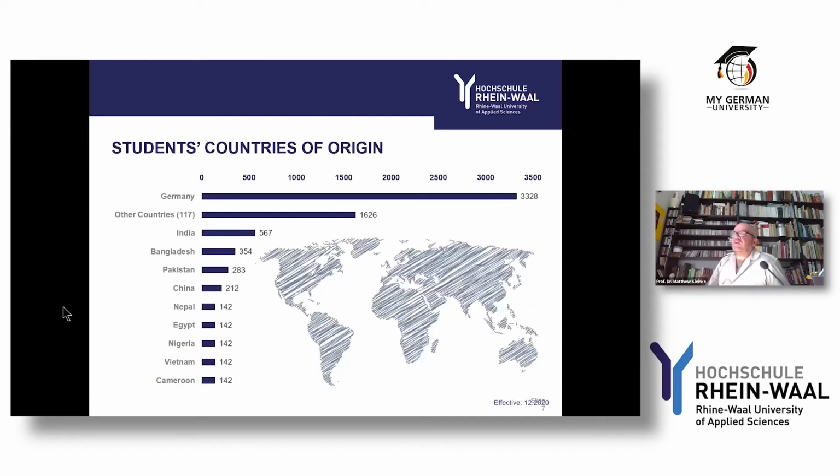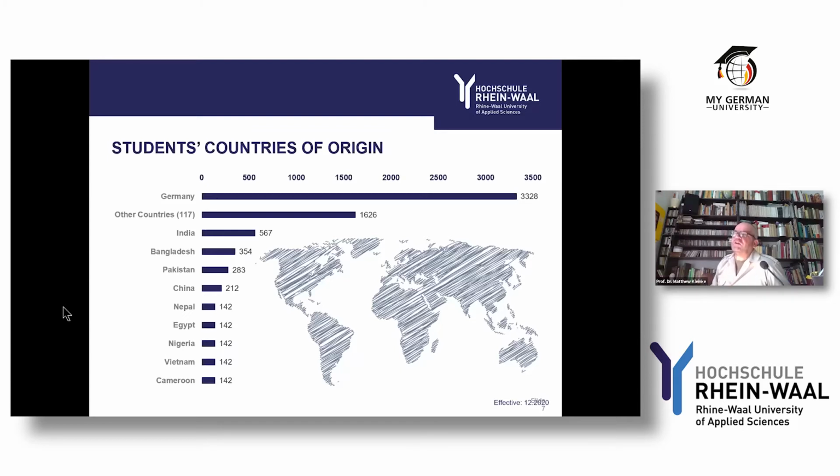Where are our students coming from? As you see, around 50% from Germany, but from a lot of different countries. Of course, there are a lot of students from Central Asia, India, Bangladesh, Pakistan, China and Nepal, so Asian students, but on the other side, we also have a lot of students from Africa, from America, from other parts in Asia, even Australia.